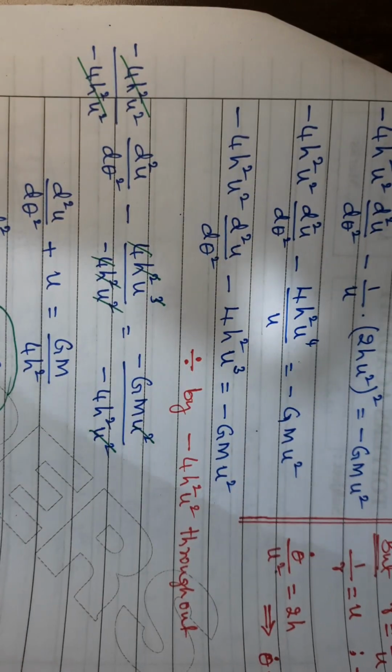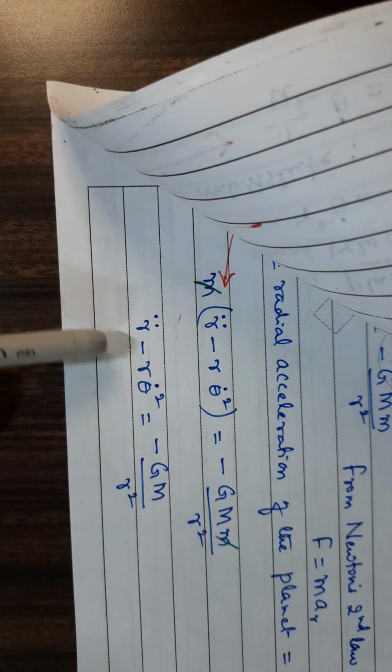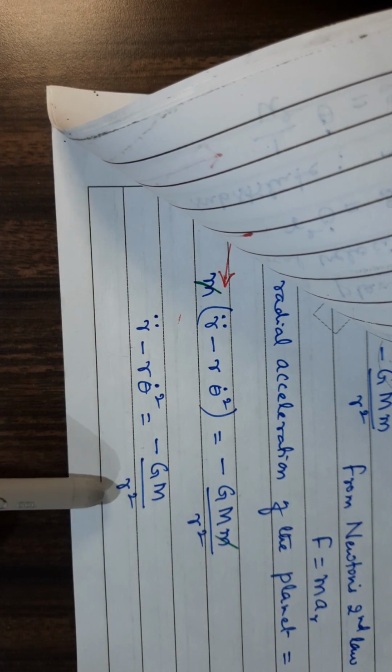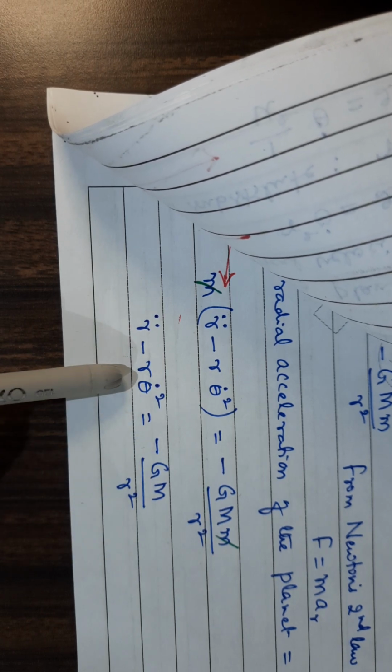Next stage. Here, whatever we got, r double dot minus r theta dot square is equal to minus GM divided by r square. But don't forget the value of r.